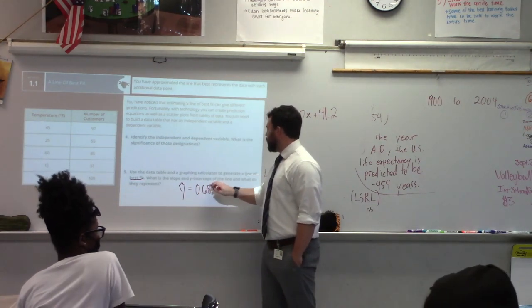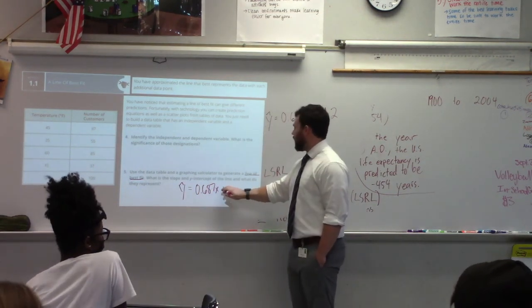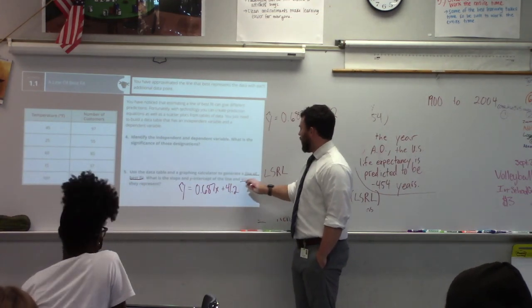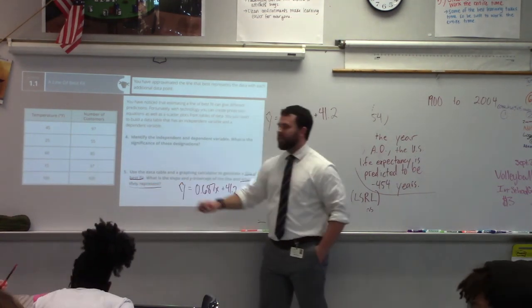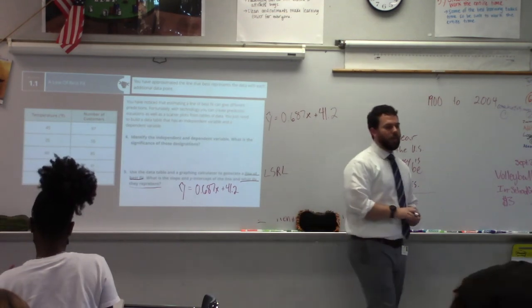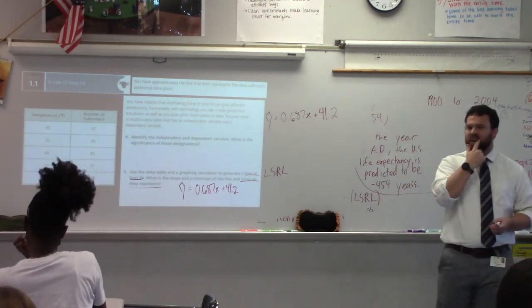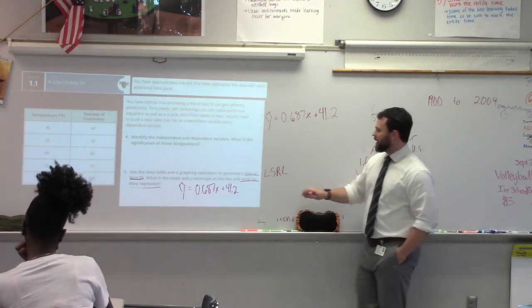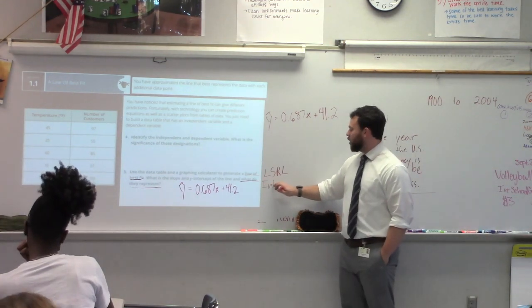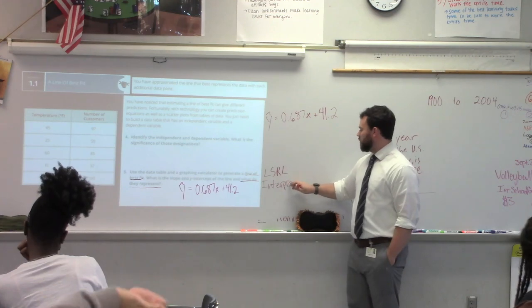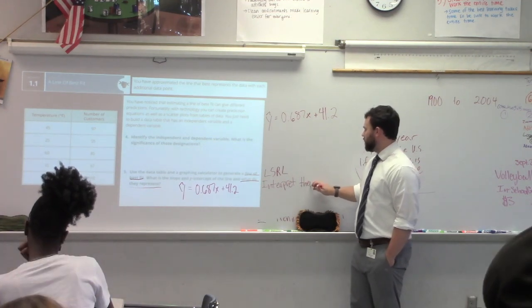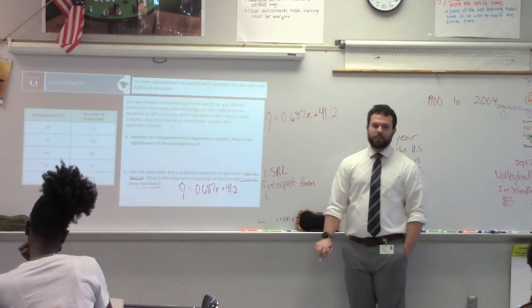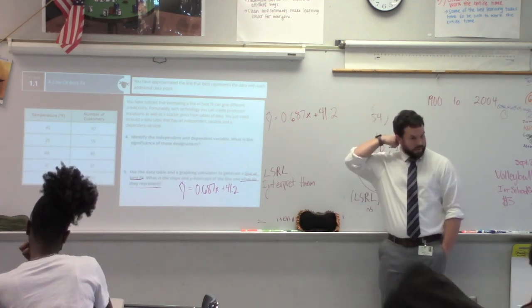And I want you to use your notes, take a couple of minutes, and talk about what they represent. So you should be able to look at that equation, identify the slope and y-intercept, and when the question here is what do they represent, what they're asking is for you to interpret them. Where have we gotten some practice with interpreting slope and y-intercepts?